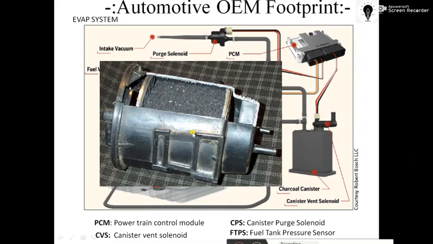This is what we have to use in BS4 and BS6 vehicles, in order to reduce the problem of evaporative emission. Normally these are used only in gasoline engines. No diesel engine uses an evaporative emission system.